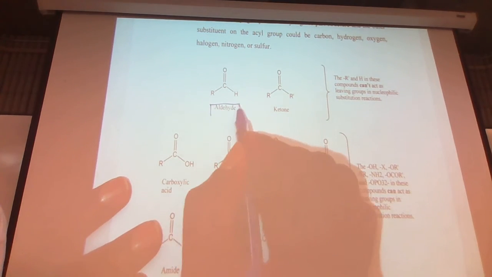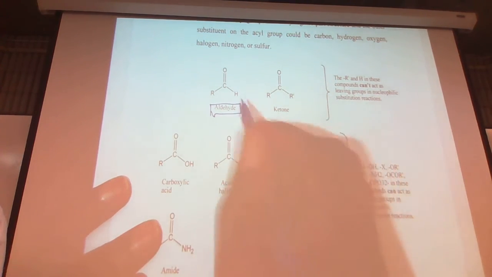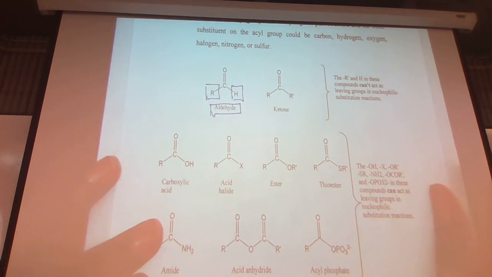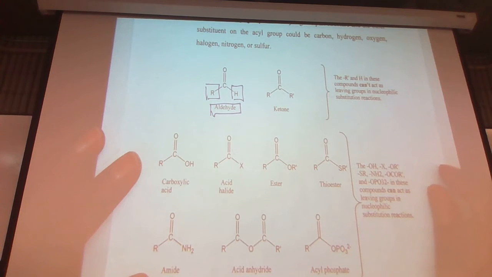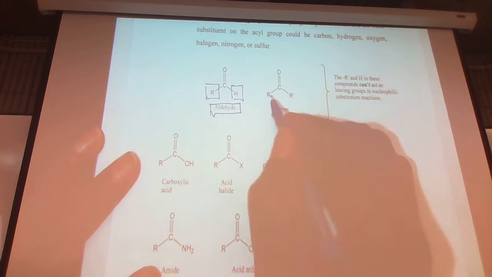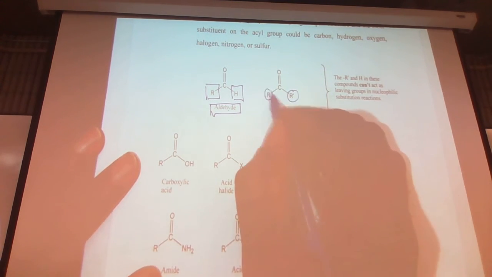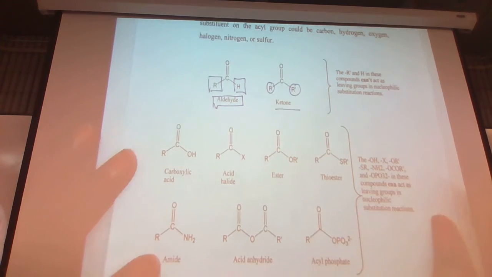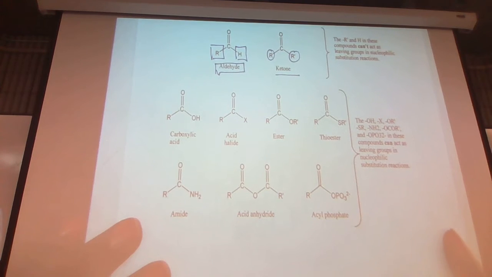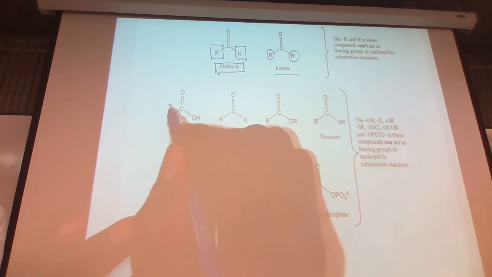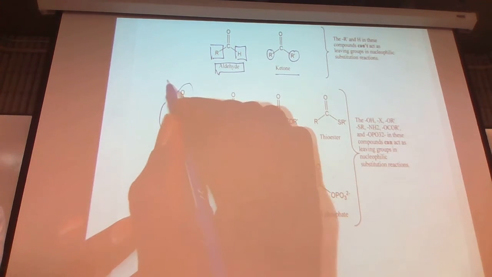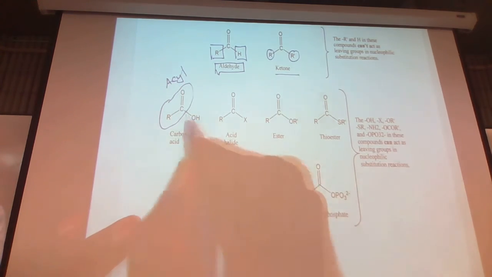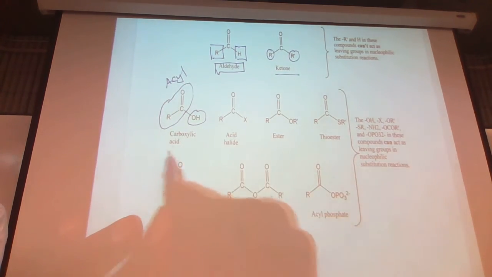An aldehyde is a carbonyl that has a hydrogen and an alkyl group surrounding the carbon-oxygen double bond. But if the hydrogen is replaced by another alkyl group or aryl group, then it becomes a ketone. If the acyl group has a hydroxyl group connected to it, that's a carboxylic acid.